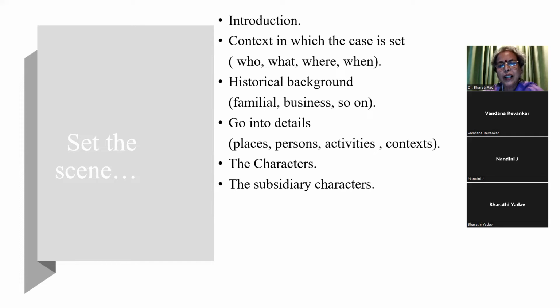And Ramya, on the other hand, stays with her parents in an apartment complex somewhere. This is an imaginary story. I'm just speaking off the cuff. Then you go into details: the places, the persons, the activities, and the context.